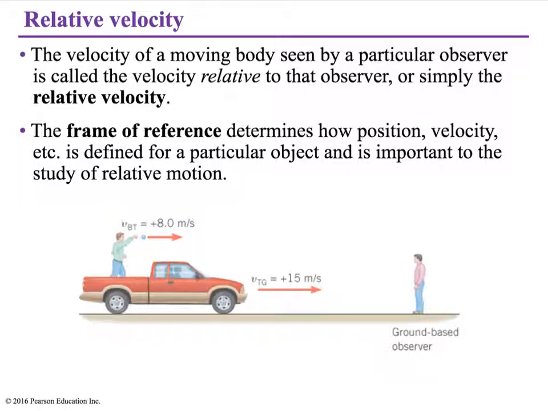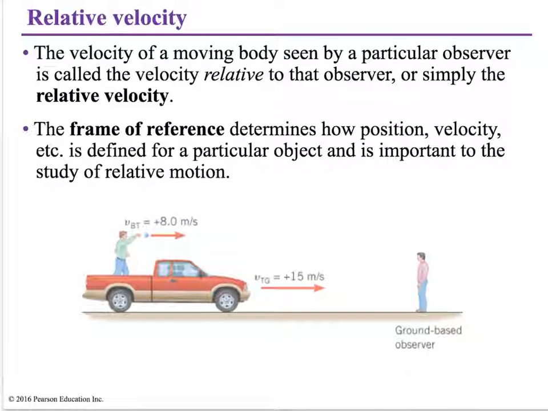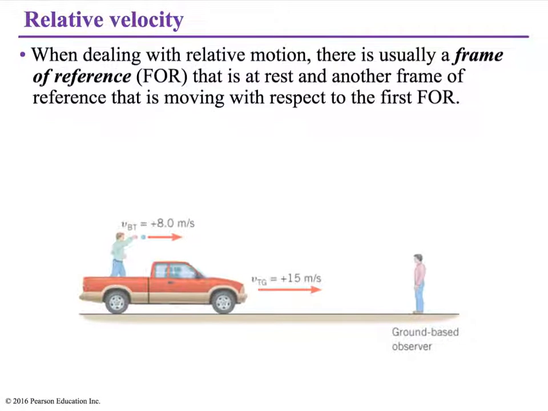So the first thing is we need to understand what we mean by the frame of reference. The frame of reference, again, is sort of what we're measuring things relative to. And when we're talking about relative velocity, we're going to have two different frames of reference. Most of the time, one of our frames of reference is going to be stationary.